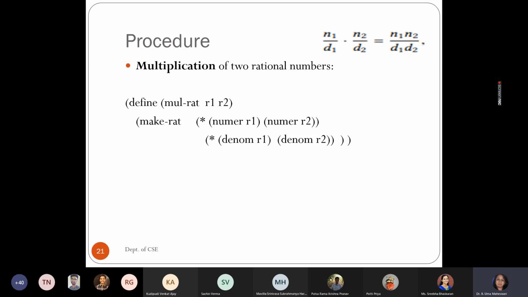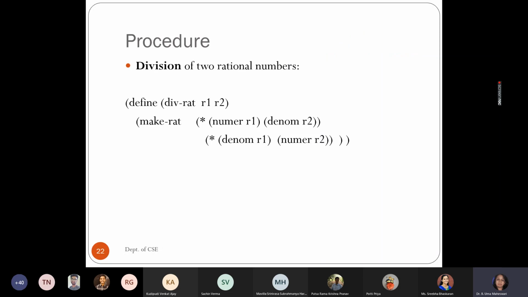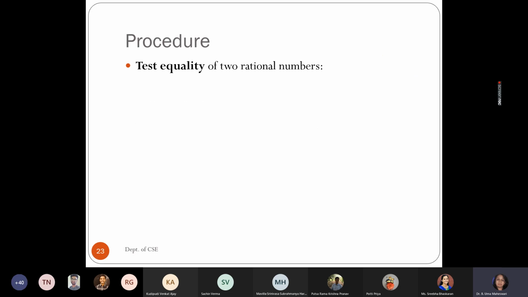This is very easy to write. And let's go for the division operation. Division operation is very simple. The numerator of the first one times the denominator of the second one is the numerator of the result. d1 into n2 is the denominator of the result. I'm just making a pair. It's very simple, right?